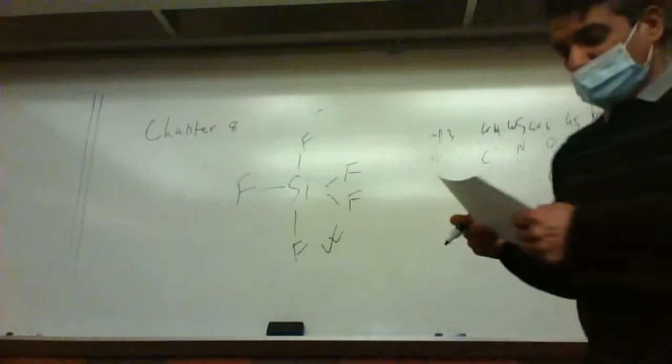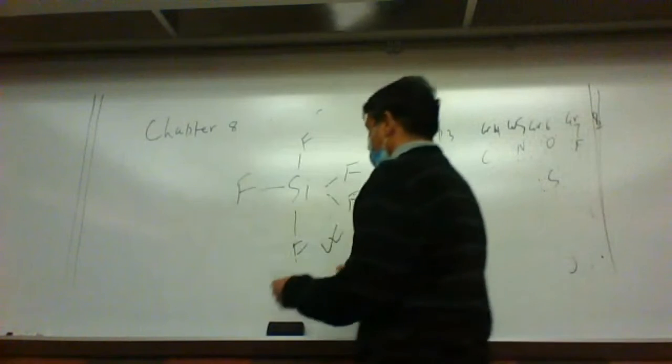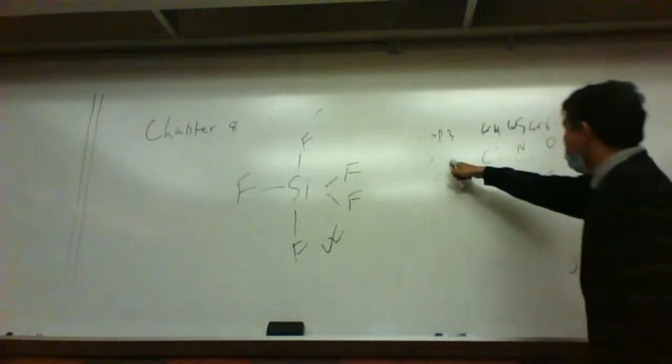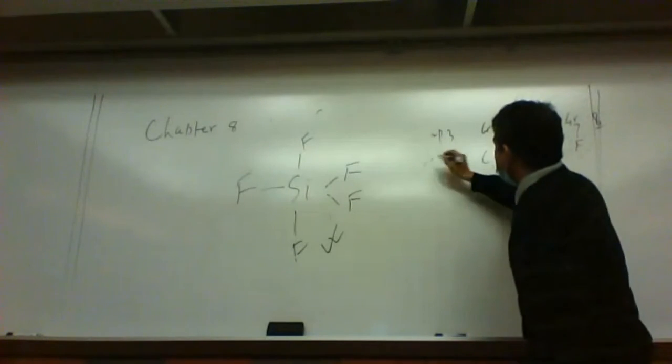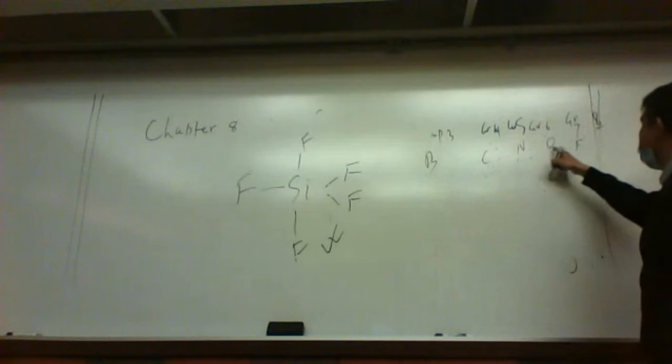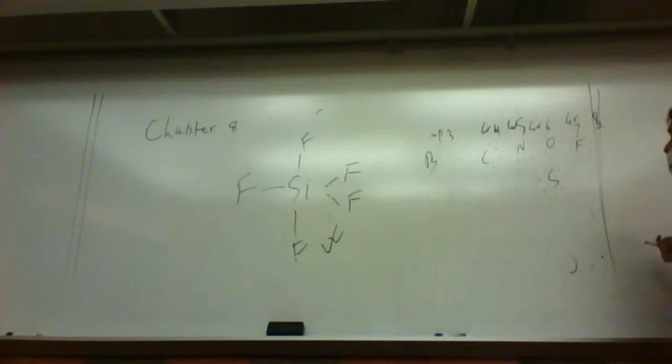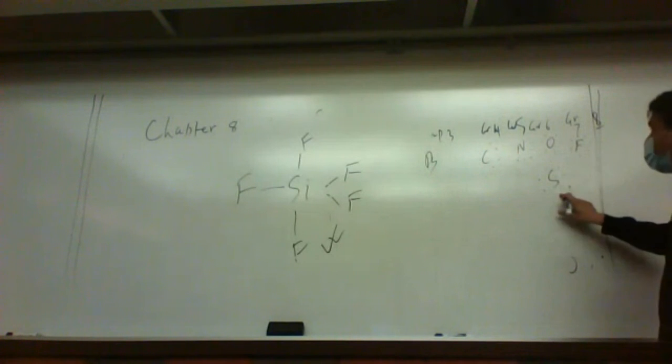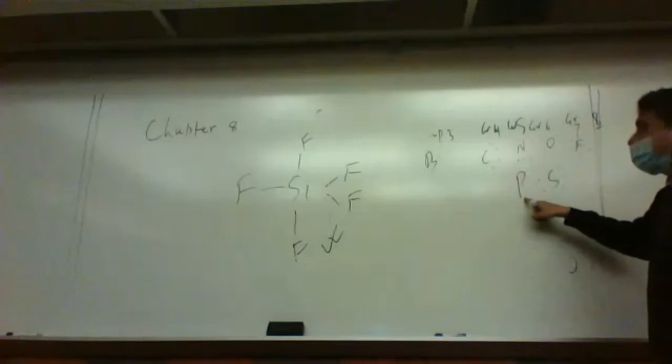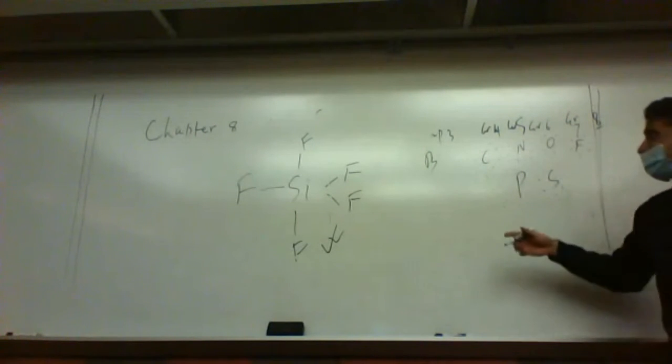Now, go to phosphorus. Especially in this part of the periodic table, this was group 3, boron. Boron, carbon, nitrogen, oxygen, fluorine follow the octet rule, the 8 electron rule. But sulfur doesn't follow that. Phosphorus can have more than 8 electrons.